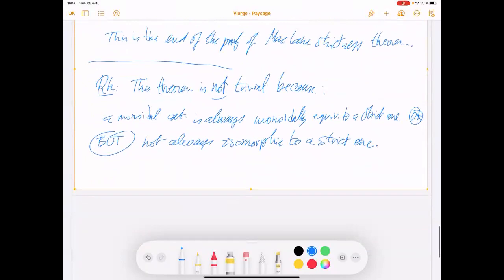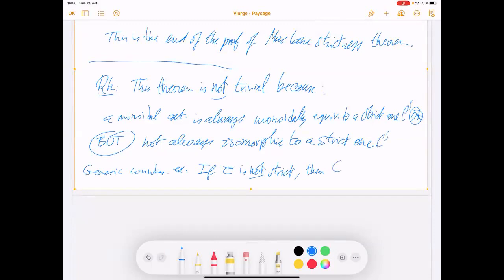So the generic counter example of not being isomorphic: if C is not strict, then the strict one is called C tilde.